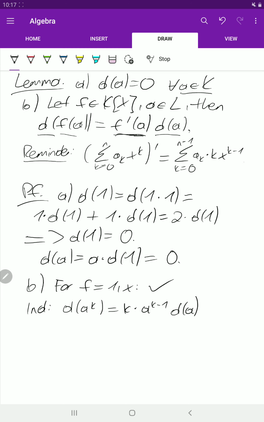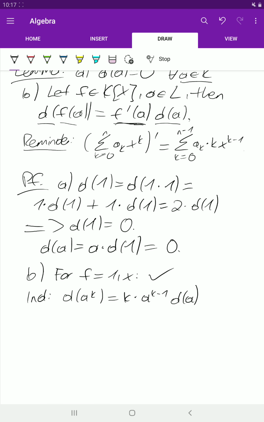And if we have this, we see that this corresponds to this, or maybe let me use colors.